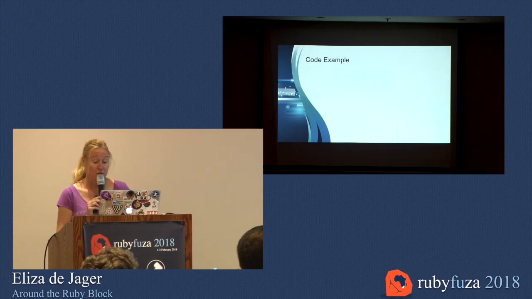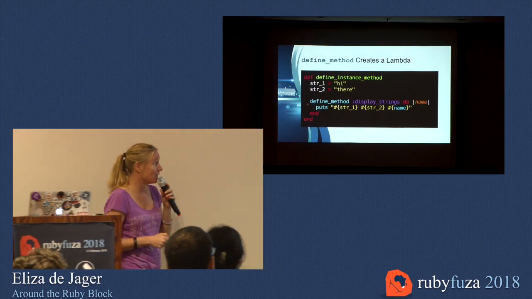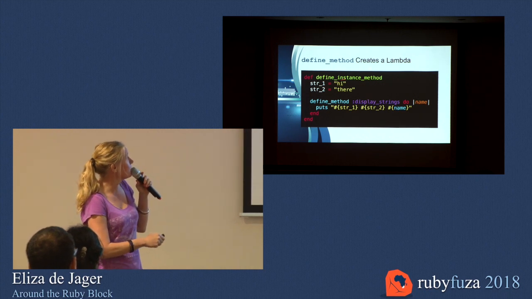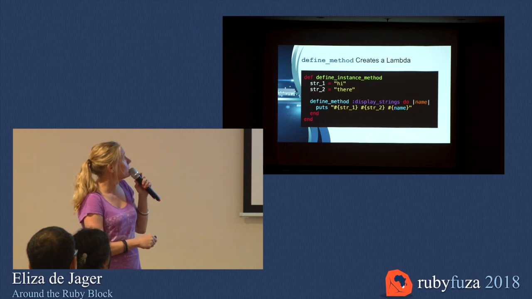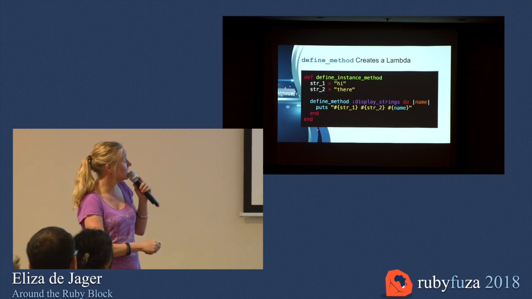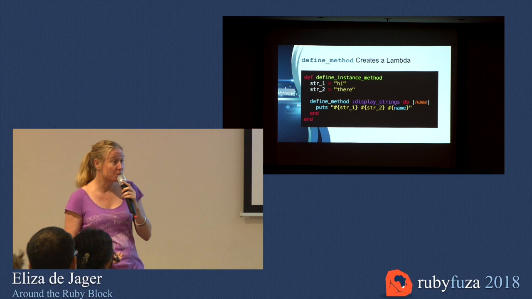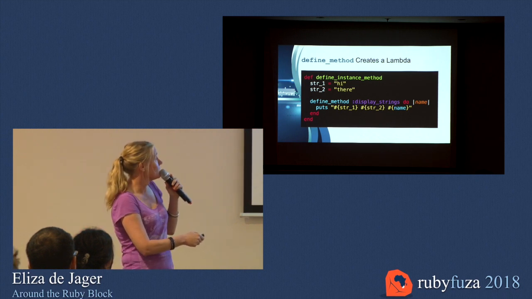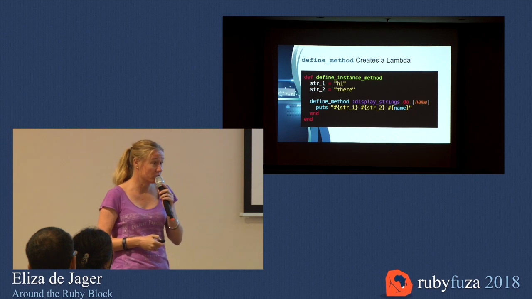But what using define method does do is it allows this situation here to work. So what we have is a define instance method that has 2 local variables. Then it creates an instance method over here using those local variables, and then it exits. Now again, we've got this problem where the resulting instance method display strings is going to be using these local variables that are going to be wiped off the stack as soon as define instance method returns.